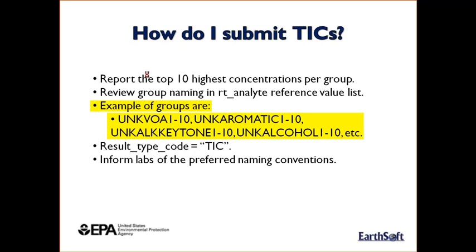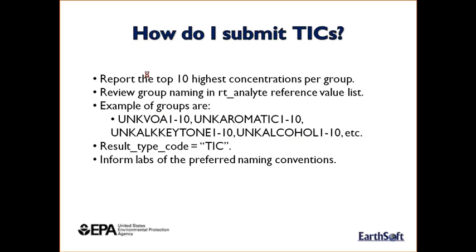If you have any question as to what's available there, go look in that RT analyte table at the very bottom under U, if it's sorted alphabetically, and you will see the names for all the different groups. Okay?